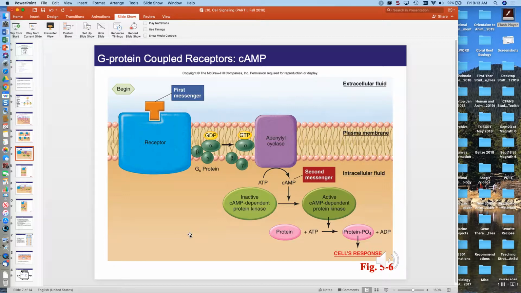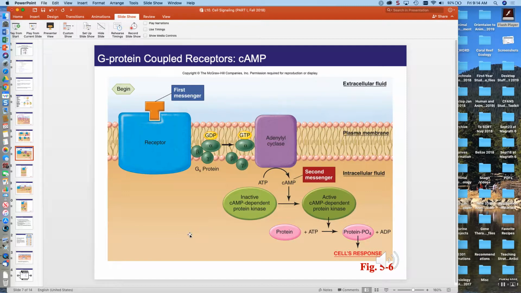So I just want you to know too that this is an amplification response. You get a number of cyclic AMP molecules that are generated, and each one of those goes on to activate many more PKA molecules. And again, that's an amplification response.